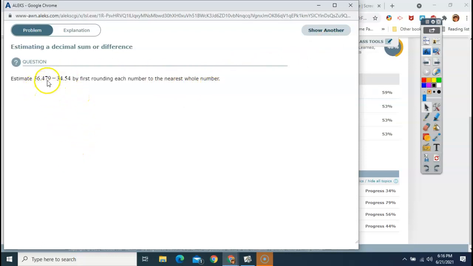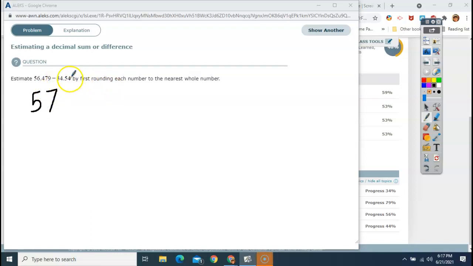All right, so I'm looking at .479, and after the decimal point, there is a 4. So basically, 56.479 is really more like 56.5. So we're going to make this 56. I think it's going to say remain 56, but I'm going to take it up to 57.